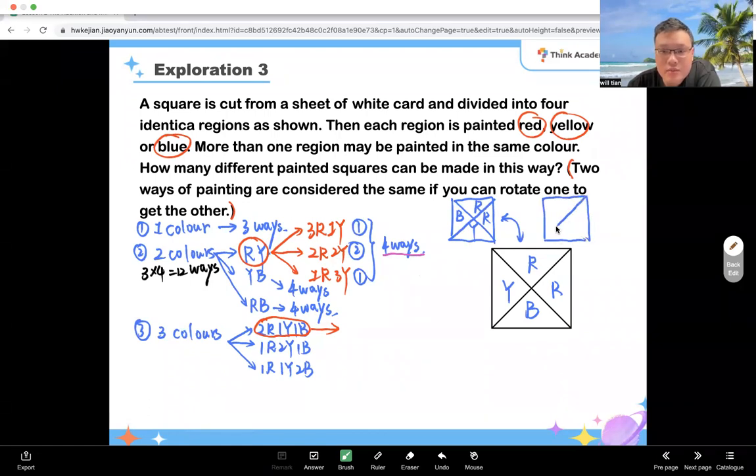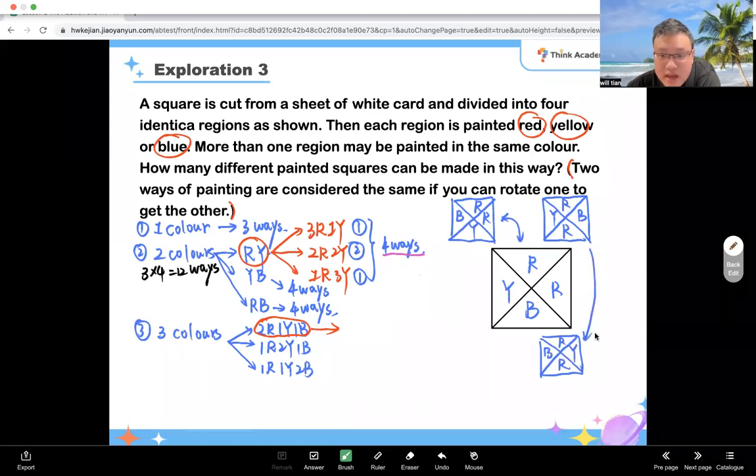And of course, you could put 2 red not adjacent to each other. So basically the opposite. The red, red, yellow, blue. This will be 1 more way. And question, is it possible to do some rotation about that to get this red, red, blue, yellow?